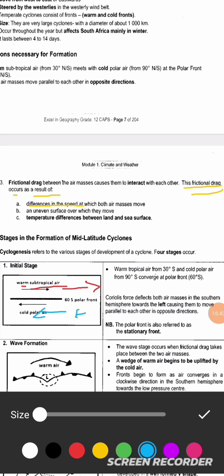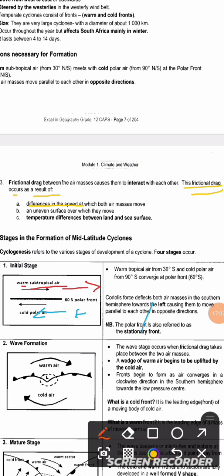It means that frictional drag will occur, which will cause the polar front to deflect. We'll deal with that when we go to the stages in the formation of a mid-latitude cyclone. There's another cause of frictional drag, which is uneven surface over which air masses move.